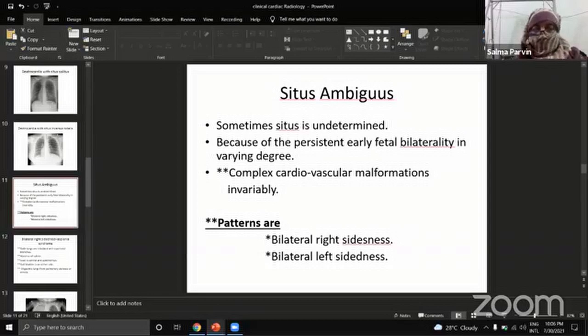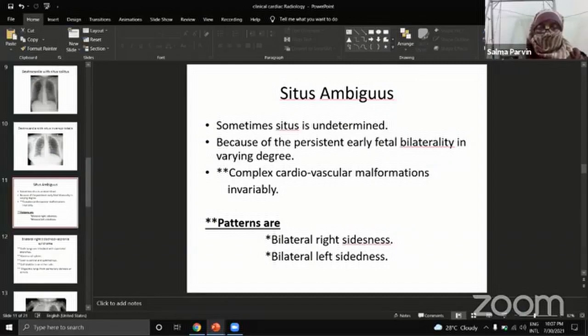There is another term. I am not going to discuss it on a very large scale. There is a situs called situs ambiguous. Sometimes the situs is undetermined because of persistent early fetal bilaterality in varying degree.